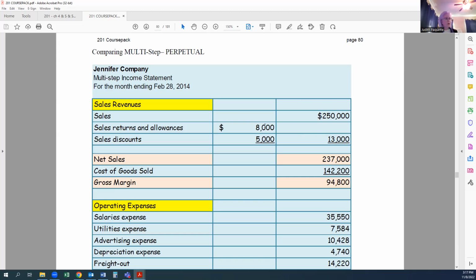Okay. So what this creates is you see kind of a trail of, oh, we had sales of 250, but our customers brought back 8,000. That's kind of a low number relative to 250. Other businesses have much higher returns. At one time, Nordstrom would take anything back, including merchandise they did not sell. I don't know that they still do that.